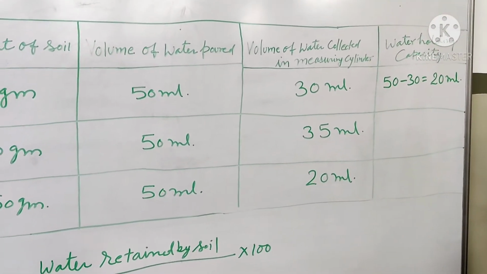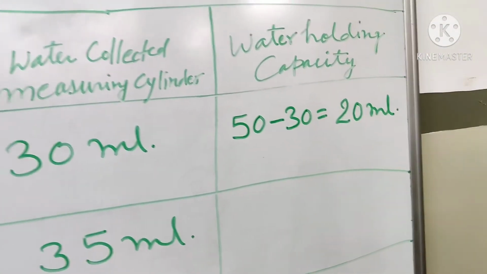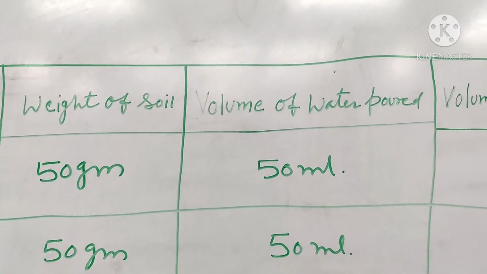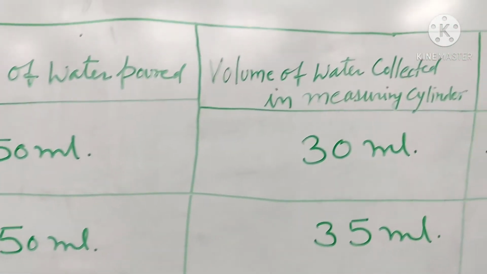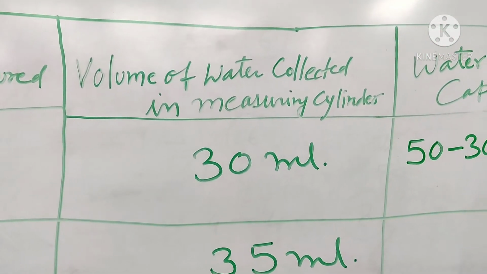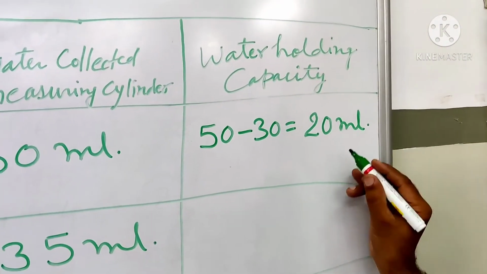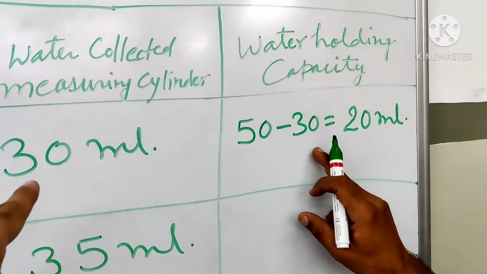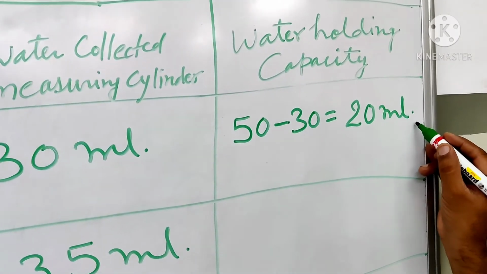So how much amount of the water is held by these soil samples? How do we calculate? We can calculate the water holding capacity by subtracting the volume of the water collected in the measuring cylinder from the total volume of the water, as Rajesh sir is doing the calculation here. For the first sample, it was 50 ml poured and 30 ml percolated. So how much water is held over there? 20 ml.